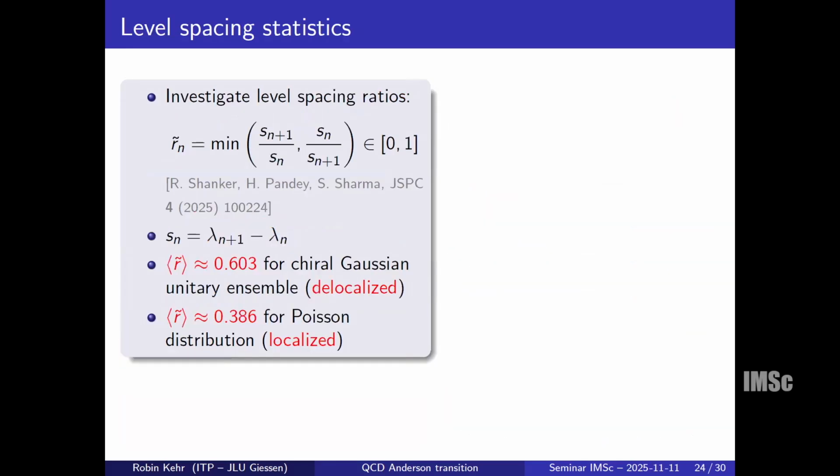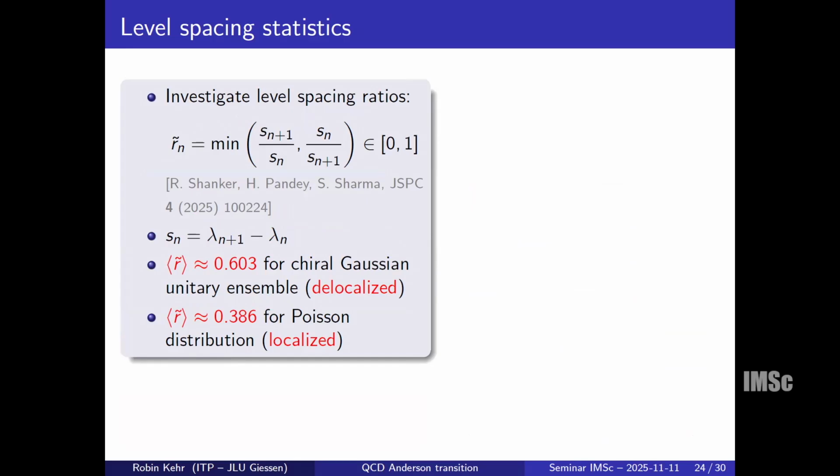But there might be another observable investigated by these gentlemen here in the front, where we employ the level spacing statistics. So the level spacing is the difference of two consecutive eigenvalues.